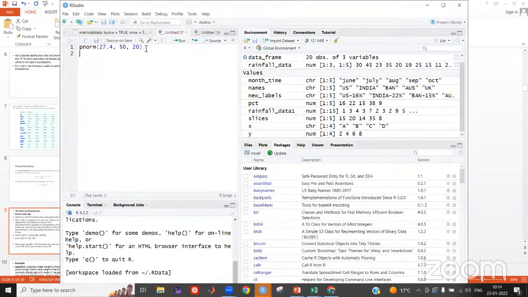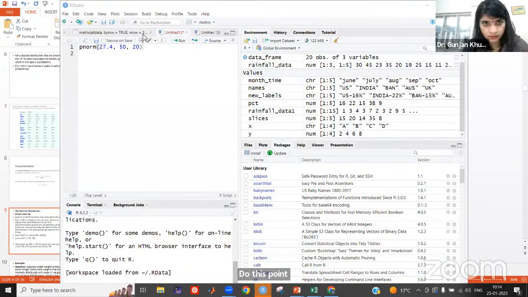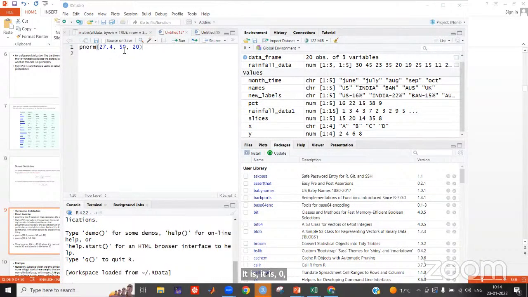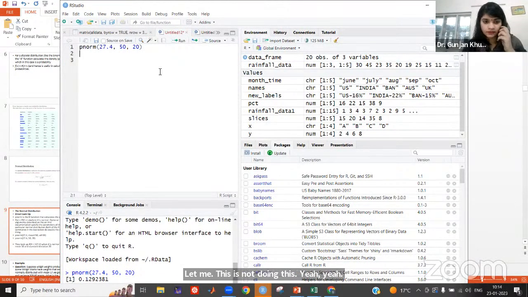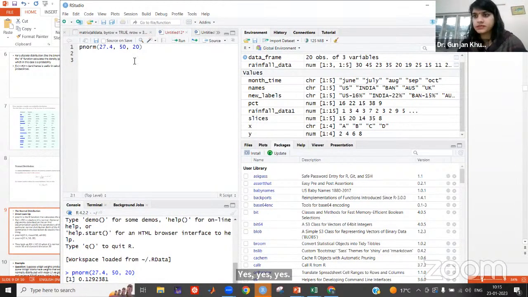It is 0.1292381. Its value would lie between 0 to 1, because it is a probability, right?